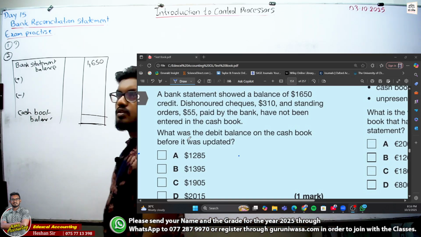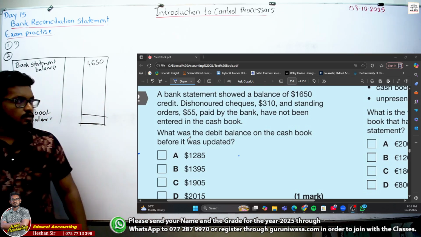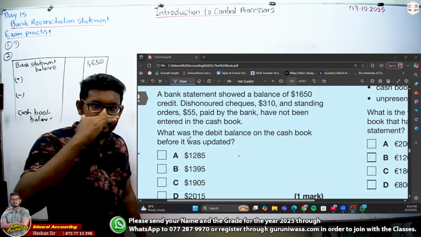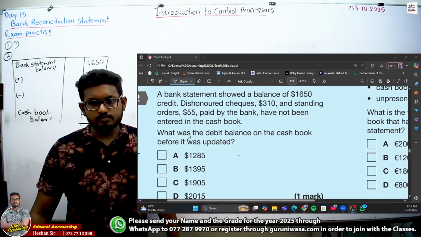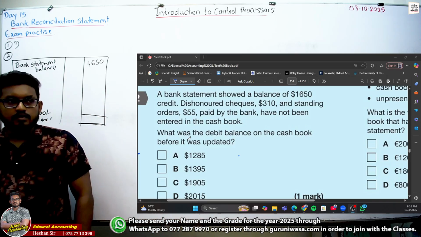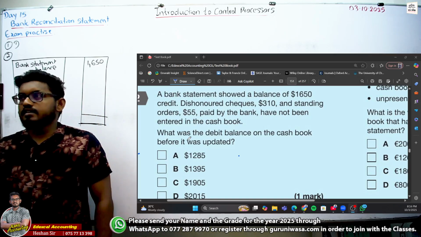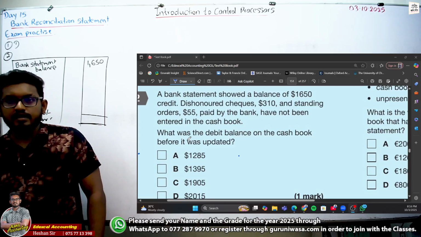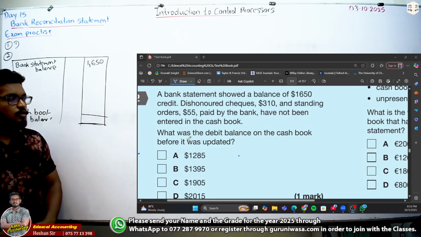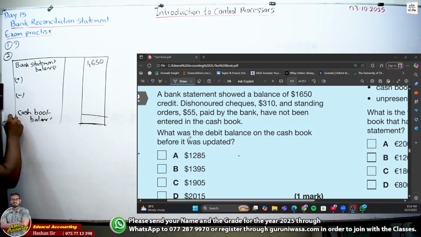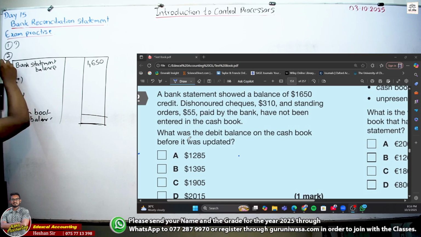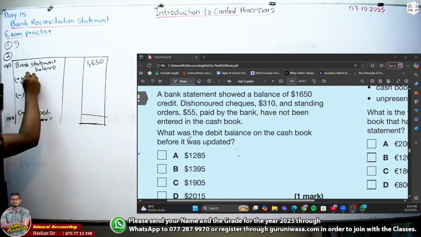Dishonored check, sorry, 310. Now dishonored check means what? We debited in the cash book, understand? Because of dishonor, we debited, which means our balance is 100. We debited, which means here not recorded 90. So 90 plus 10, dishonor.